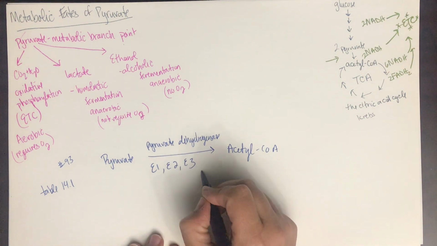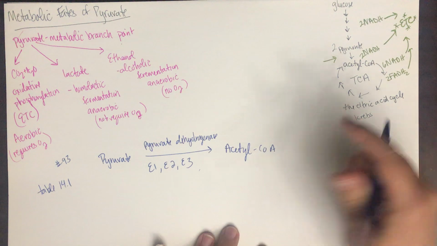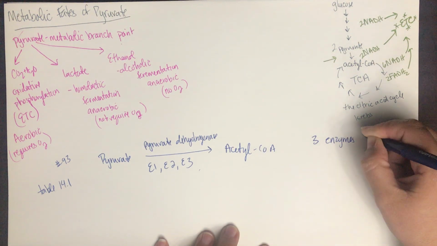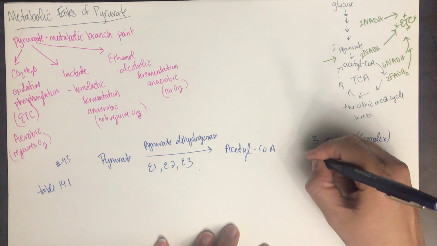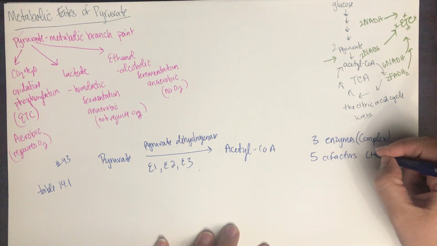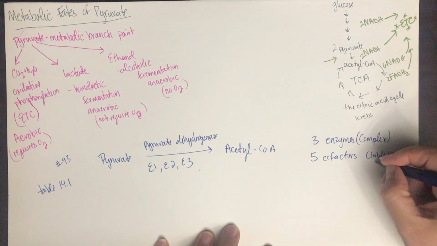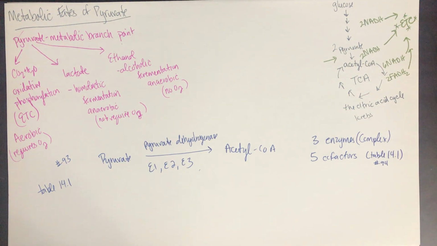So there's 3 enzymes and 5 cofactors. So to go from pyruvate to acetyl-CoA, there's 3 enzymes, a complex, and then there's 5 cofactors. And on table 14.1, or in your slides on slide number 94, it tells you the role of each of these cofactors in the transformation of pyruvate to acetyl-CoA.